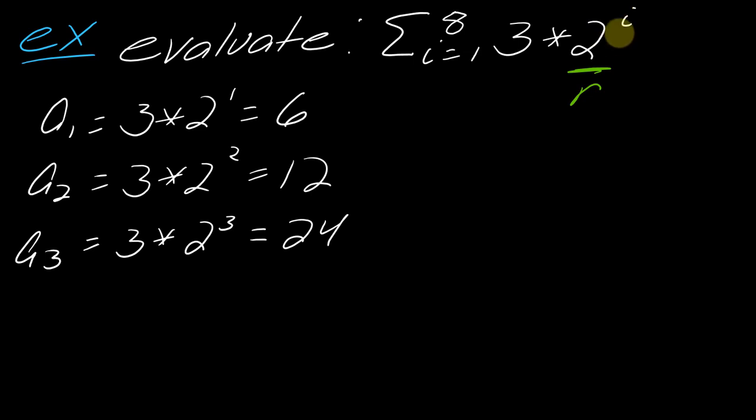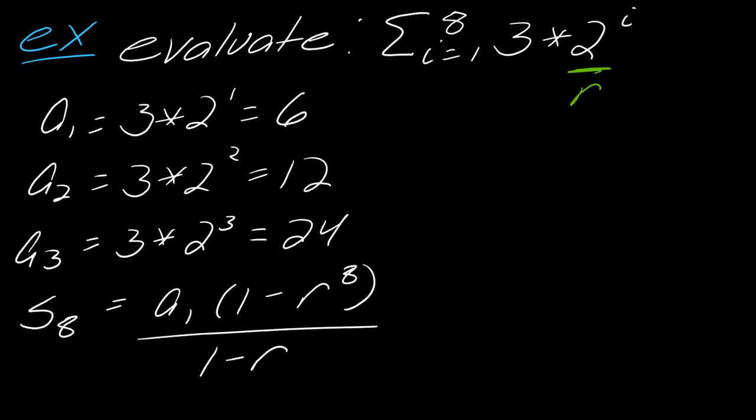Okay, so now I can use the formula, now that I kind of understand how to find my r in this scenario. I can go ahead and sum this up to the 8th term. So I'm going to use this a sub 1 times 1 minus r to the 8th over 1 minus r.